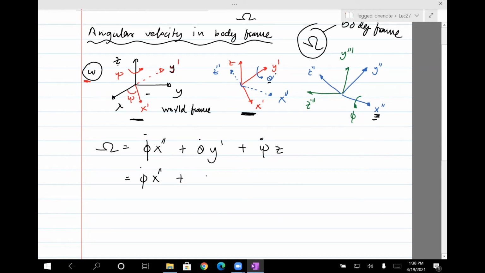We don't change it. The second one is y. And now I need to relate y with this one. So when I go from this to this, remember I did Rz times the vector in the second frame. I need to do the transpose now. So what I'll do here is I'll write transpose of the vector which helps me to go from this frame to that frame.